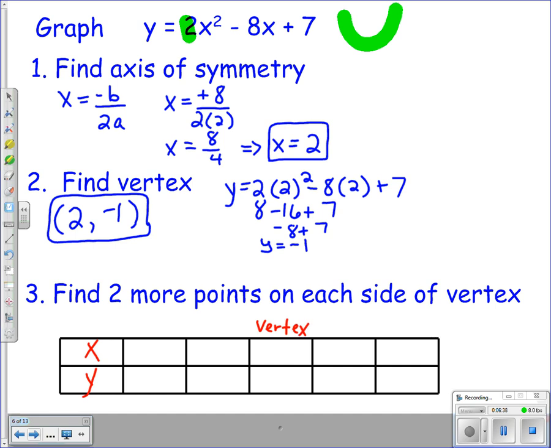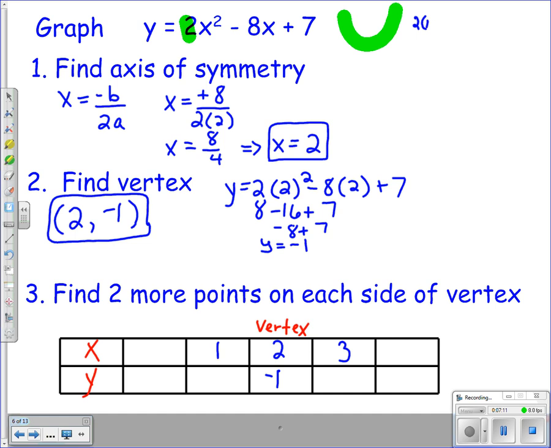And I will substitute 2 and negative 1 in for our vertex there. I want to choose 2 more points on each side of the vertex. Think of that top layer of the XY table as your x-axis. I have the number 2. 1 unit to the right of 2 is 3 on the x-axis. 1 unit to the left of 2 is 1 on the x-axis. So I can substitute the 1 in.